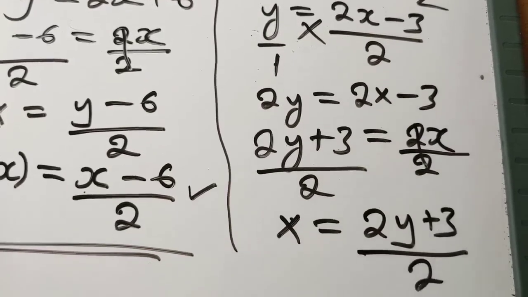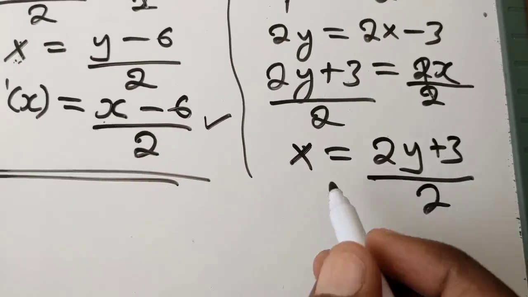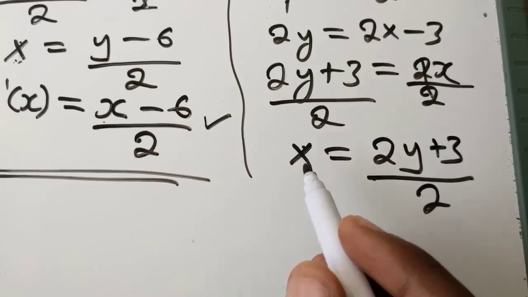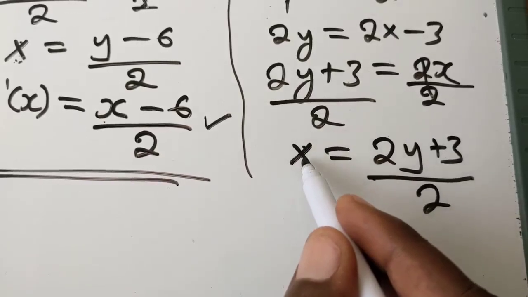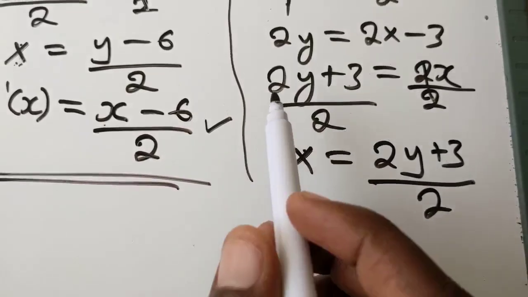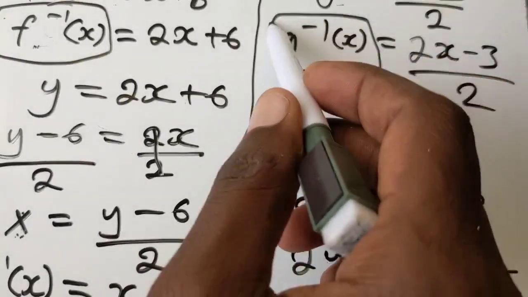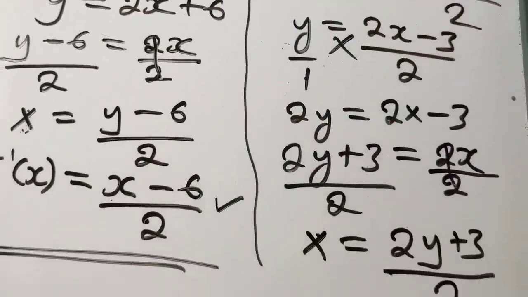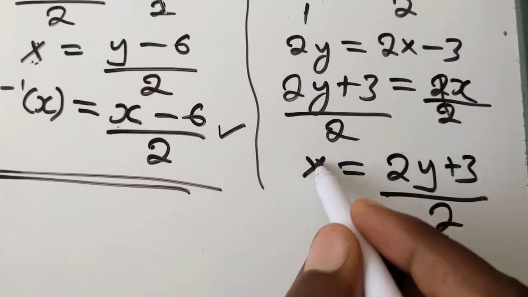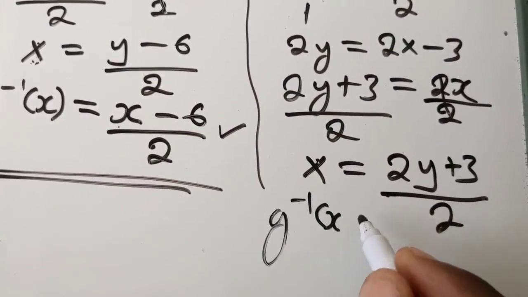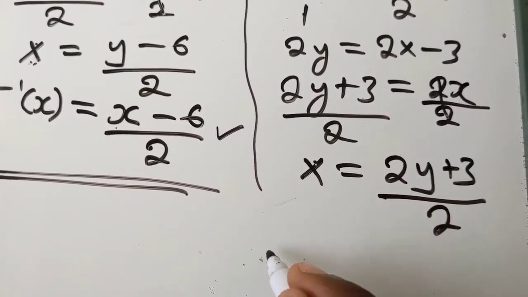Then when you have found x, the final thing to do is to replace this x by the answer that you got. So that is g inverse of x. So we replace x by g inverse of x. Let me write it down here.